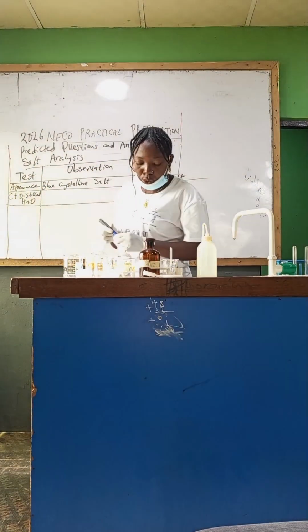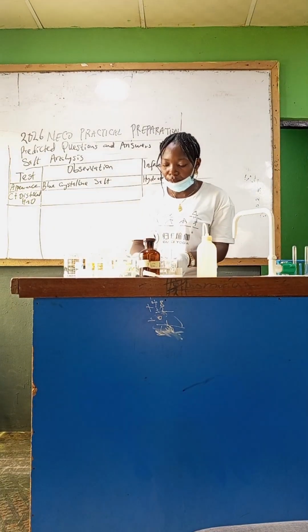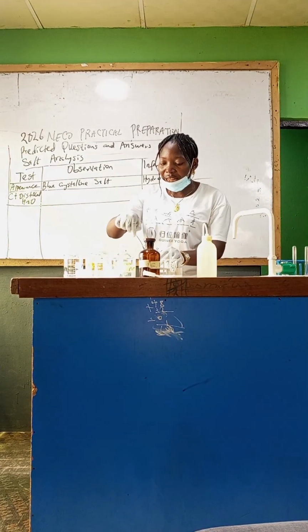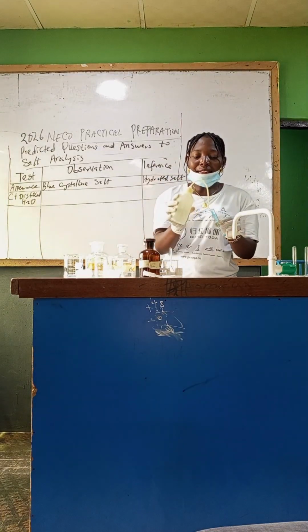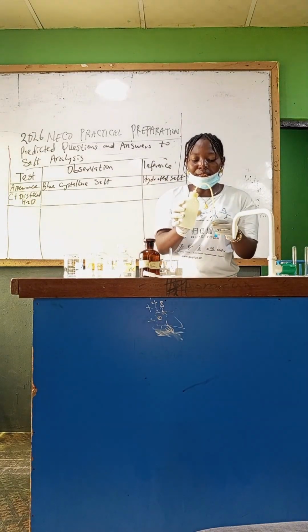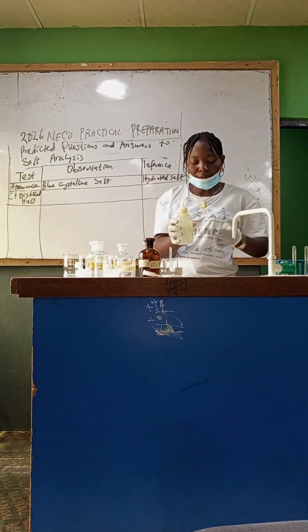C plus distilled water. This is our sample. Here is our test tube. Put sample C into a test tube, add distilled water to it, and stir very well.